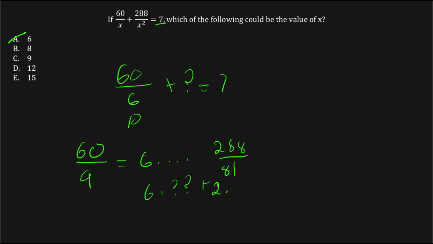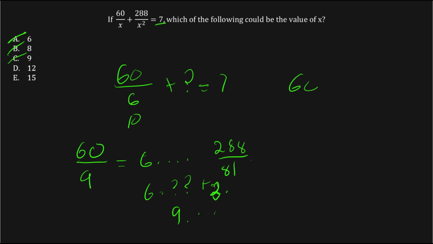Actually, 3 point something. 80, 160, 240. Yeah, so it's 3 point something. So that's 9 point something. So it can't be C or B. So we'll go with D next. And if it's not D, then it has to be E. We don't have to solve for that.